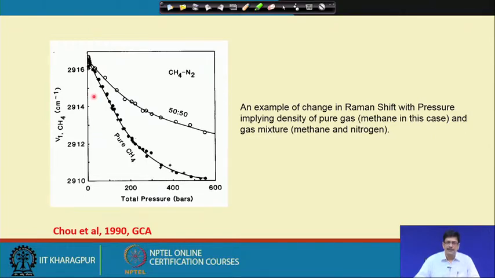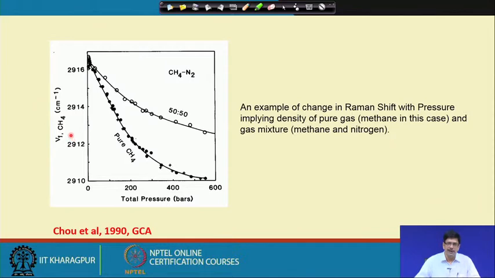But this Raman shift, or the Raman activity of this particular covalent bond in methane, will always be a function of the atomic environment in which it is present, and also the density of the particular gas, or whether the molecule is in a liquid state. The density also decides the precise position of this particular peak on a Raman spectra.